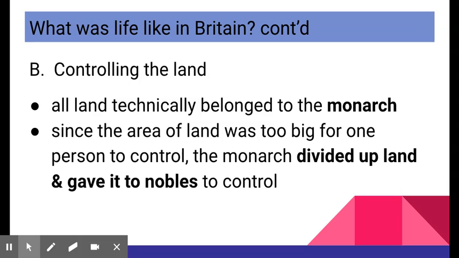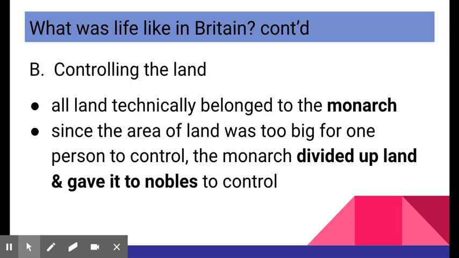The best mental image would be if you imagine all the different towns in Massachusetts and one person's in charge of each town. Now that's not an exact analogy, but it's close enough.